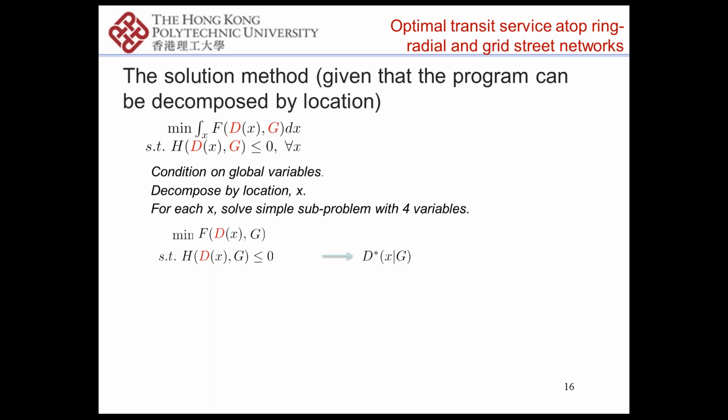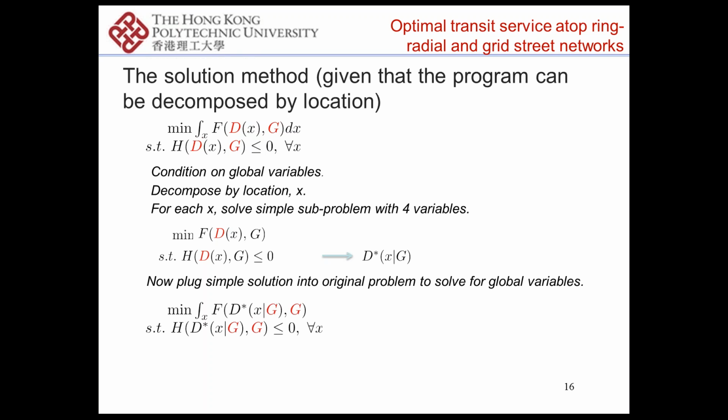And then the result is going to be the d star of x for a given g. So that's going to be a function of the values of g. And then we just plug this optimal solution of location-specific functions for every x back into the original problem, and then solve for the global optimal.